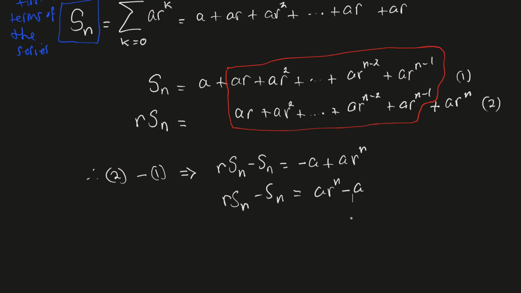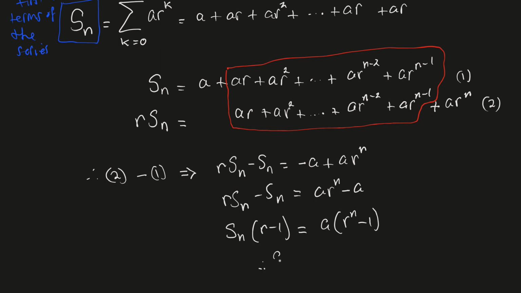And then look, on this side, I can actually factor out S sub n because it's a common factor. So S sub n, and then in parentheses I have r minus 1. Over here I can factor out an a, and then in parentheses I'll have r to the n minus 1. And then I can divide both sides by r minus 1, that quantity.